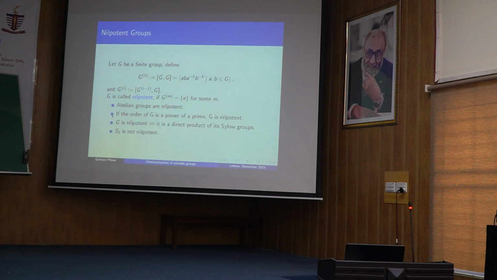If you have a finite group and a prime p dividing the order of the group, then you can choose m maximal such that p to the power m divides the order of the group.